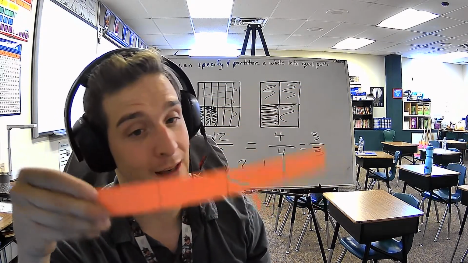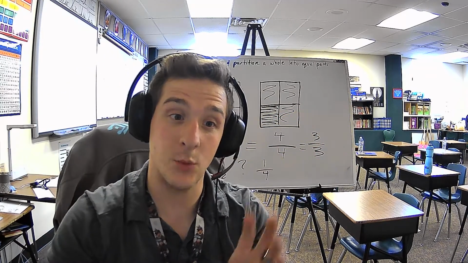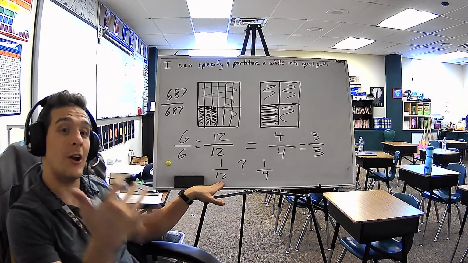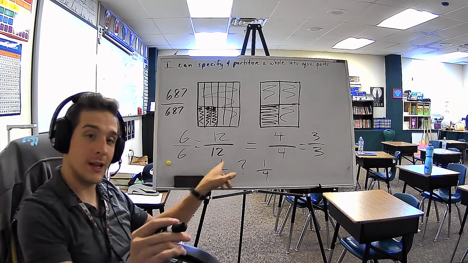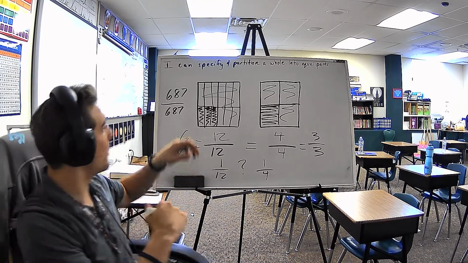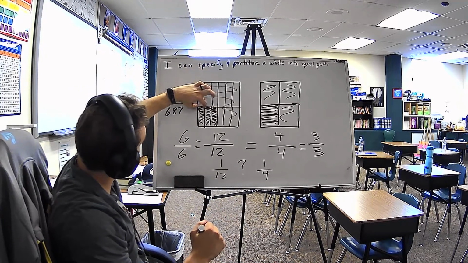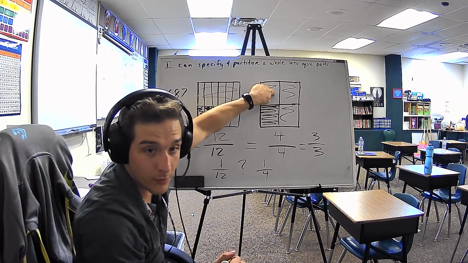No, I'm not. Which means each piece is larger. So this is where you have to think on this one. It might be tempting to say 1 over 12 is larger than 1/4, but 1/4 is actually greater than 1/12 because, remember, this little strip right here is 1/12. This big block over here is 1/4.